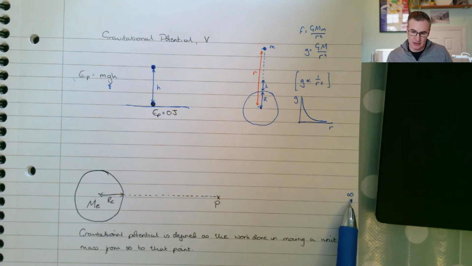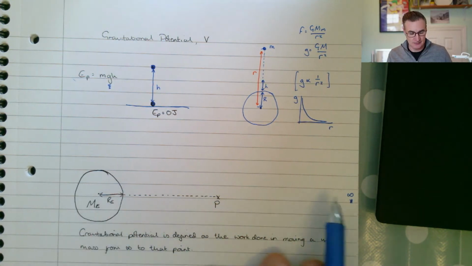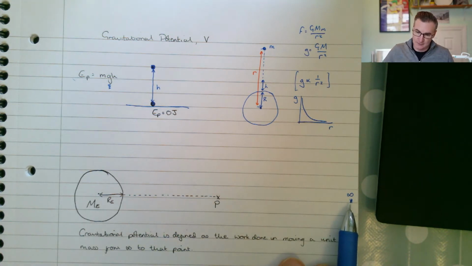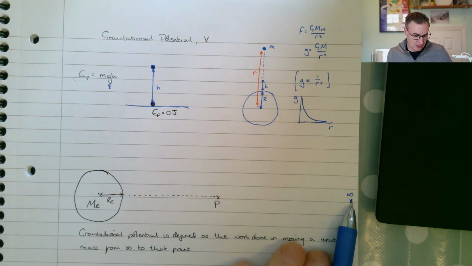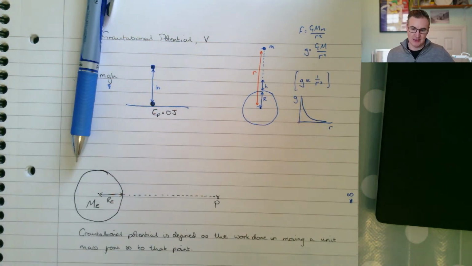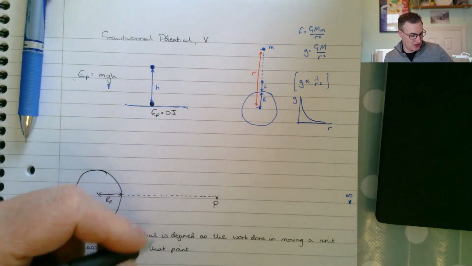all the way to an infinite distance away, at infinity, the potential energy that object must have is going to be 0, because there's no force acting on it. There's going to be no force that will be experienced due to this object at this point here. And so again, if it's the work done, or if it's the amount of energy that it has, then at infinity, the potential must be 0.